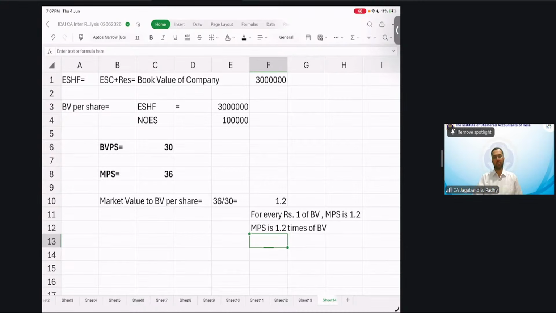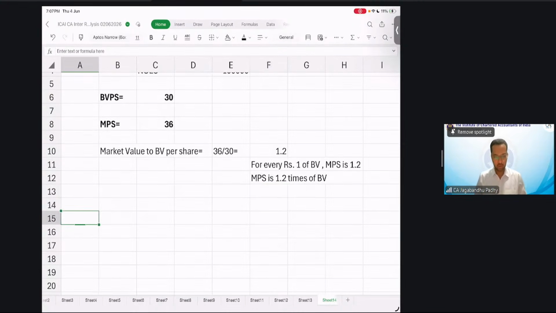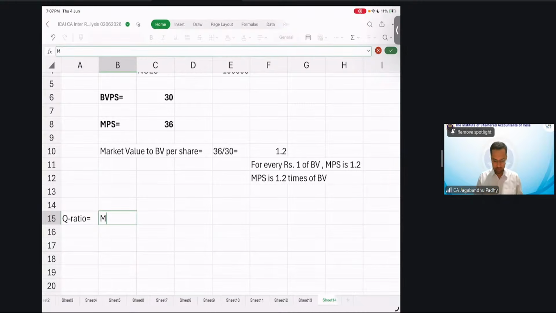One more ratio, which is rarely used but still called the Q ratio. Q ratio is the market value of the company divided by the replacement cost of assets of the company.